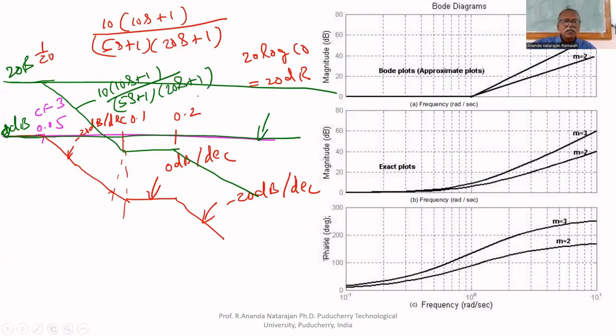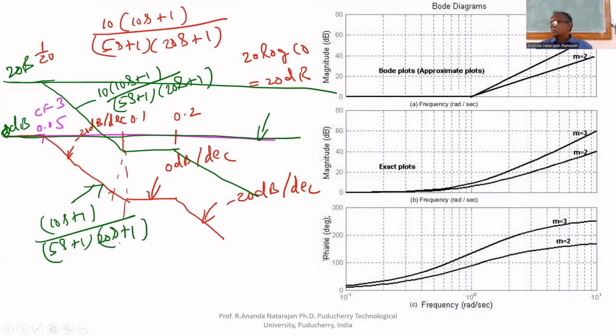This is the plot for K equal to 1. That is the difference. If K is greater than 1, the entire plot will shift up. Otherwise, it will shift down.